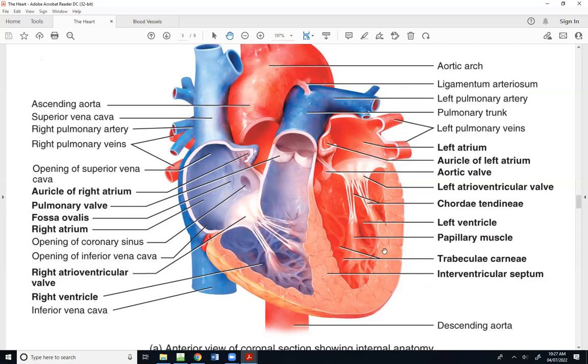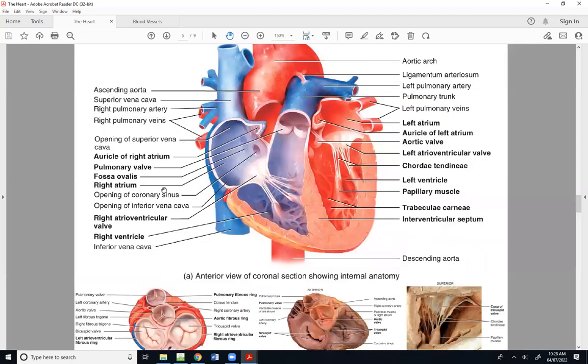And then the trabeculae carneae, remember those are these little ridges on the inside of your ventricles that we talked about the other day that help increase pressure inside the heart and help with ejecting blood more forcefully. Okay, any questions here? As far as the images at the bottom, you don't really need to worry about those.